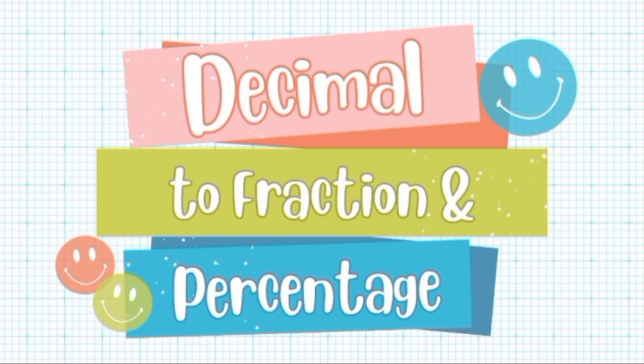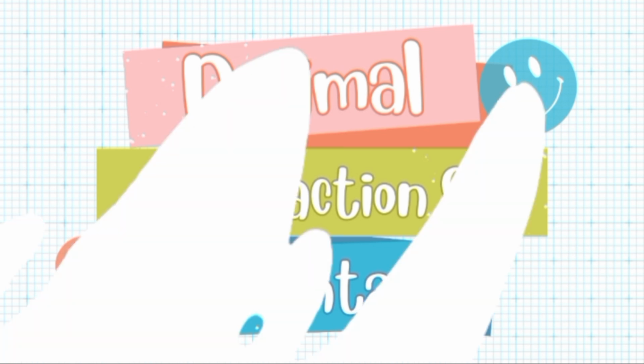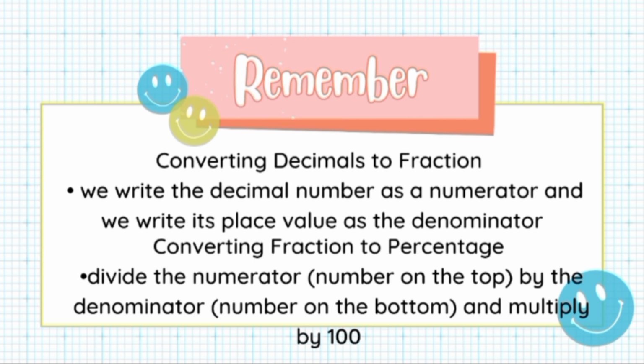Next, I'm going to teach you how to convert decimals to fractions and percentages. Remember, when converting decimals to fractions, we write the decimal number as a numerator, and we write its place value as a denominator. And when converting fractions to percentages, divide the numerator by the denominator and multiply by 100.